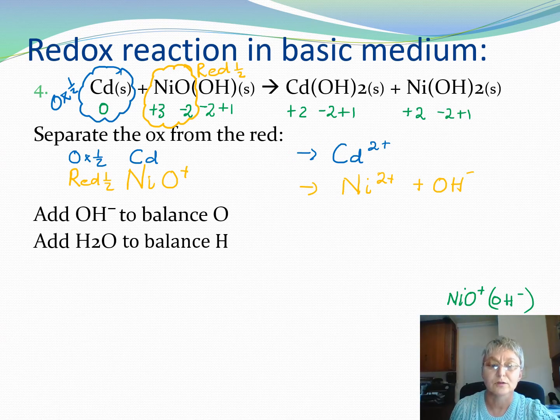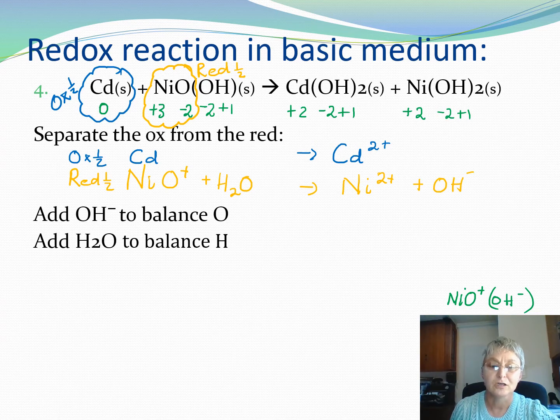So with the reduction half reaction, we need to add H2O to balance hydrogen. But that causes some trouble because by doing this, I should actually just be adding half a hydrogen, but that's not possible. So we need to play around a little bit.